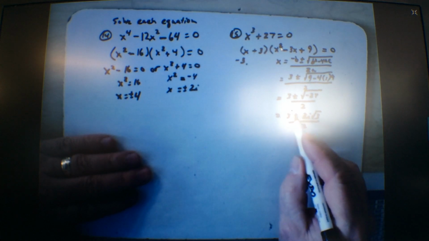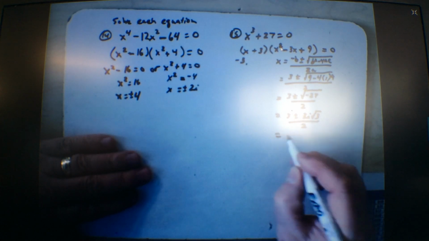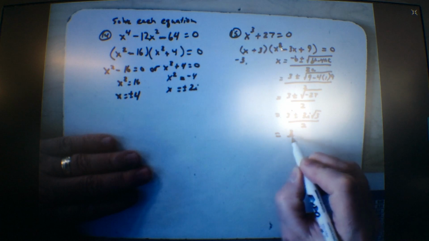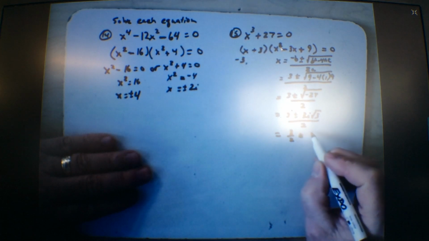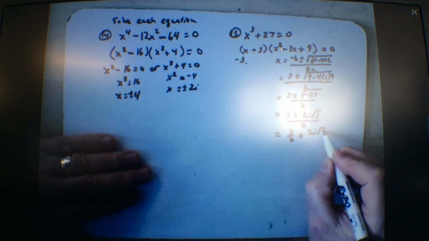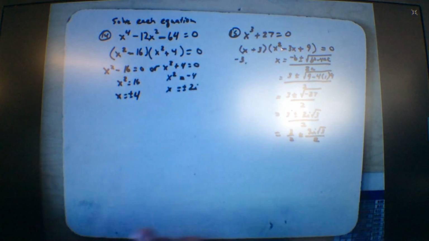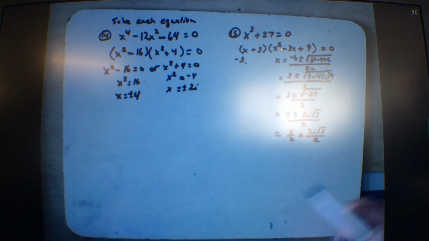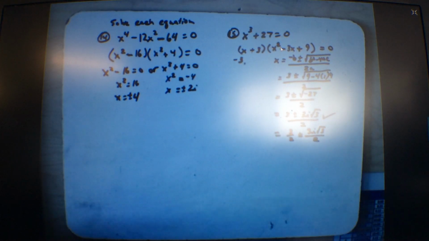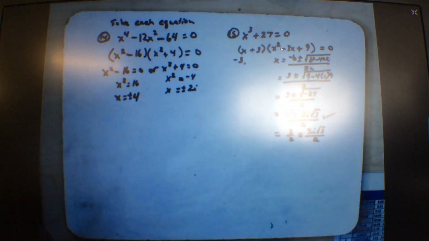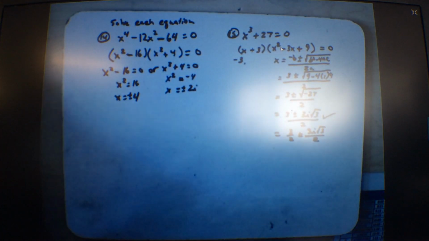And since it's an i problem, it is 3 halves plus or minus, and I'll accept 3i square root of 3 over 2. I would probably accept this too, to be honest with you. Okay? We good?